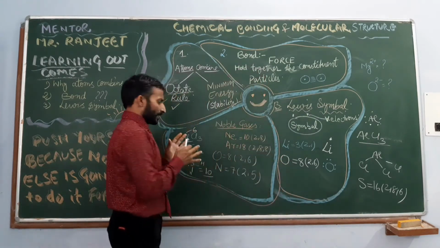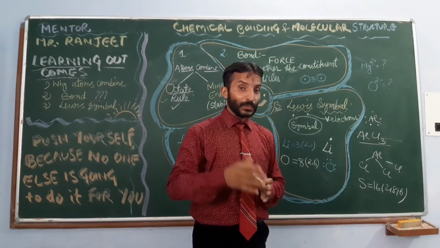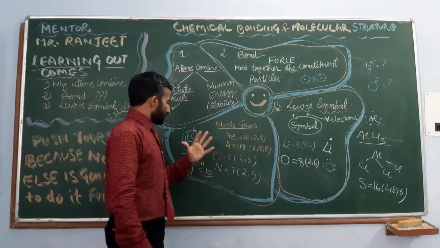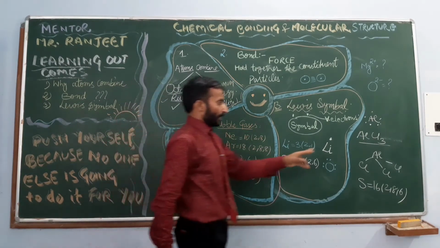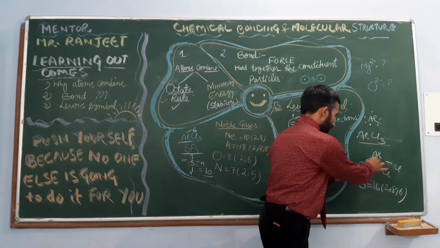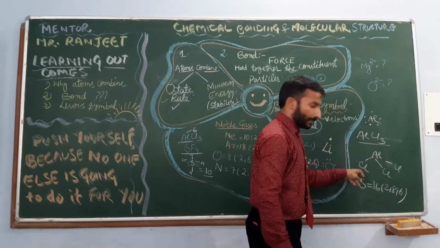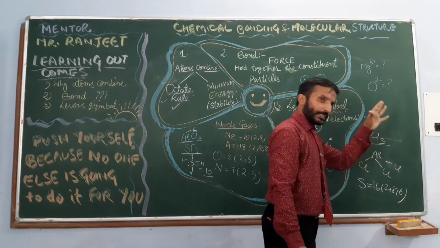But there are exceptions to the octet rule, because we have some compounds such as aluminium trichloride, where aluminium is the central atom. It is combined with chlorine by 3 bonds.